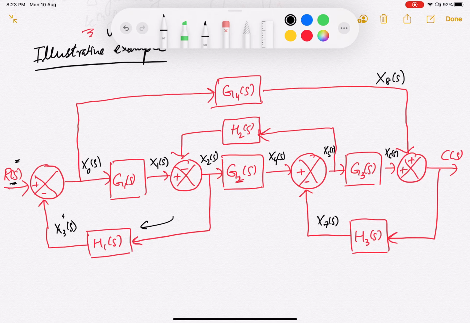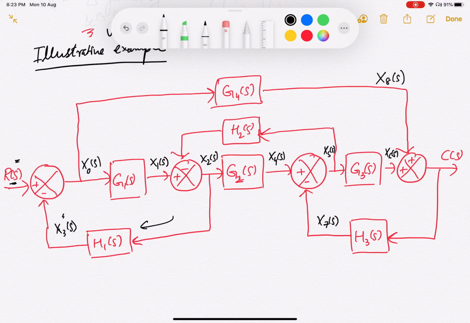So how do you do that? Now let us label all the nodes that we have in this. So for that, we'll have to see all the signals that we have, and then label the nodes according to the signals that we have present in this.